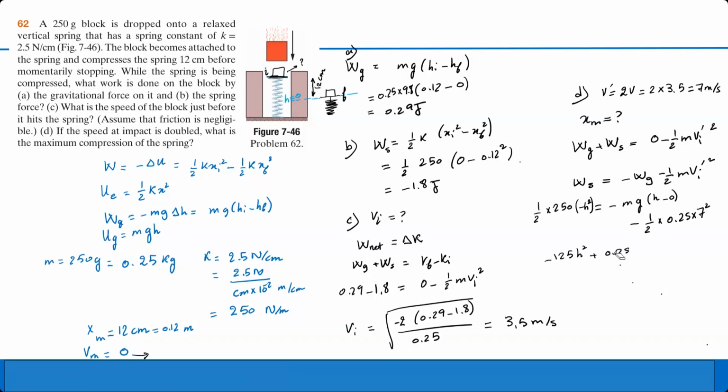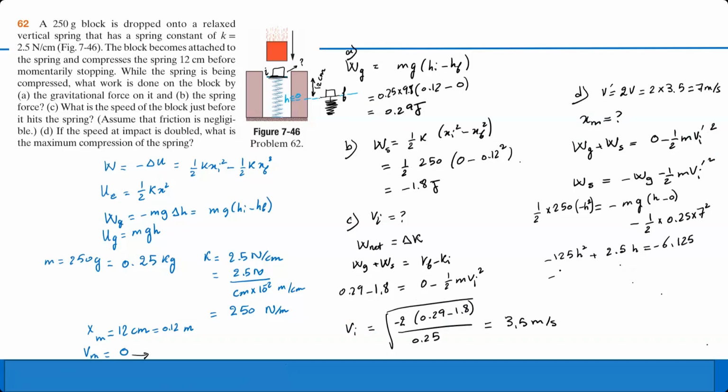Okay, this will be 2.5 h equals, I'll calculate the right-hand side. This will be minus 6.125.